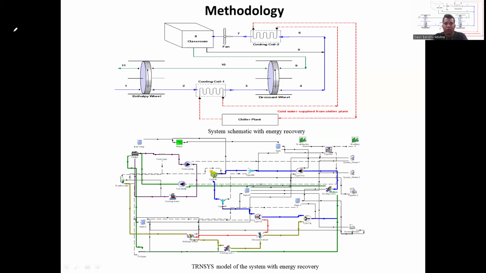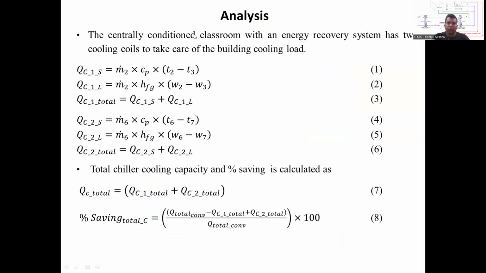And the load: the centrally conditioned classroom consists of two cooling coils. So the load of the cooling coil is calculated as sensible and latent load. Sensible load is due to the temperature difference, and latent load is due to the difference in specific humidity, and total load is the sum of the sensible and latent load. The chiller capacity is calculated as the sum of both cooling coil capacities.